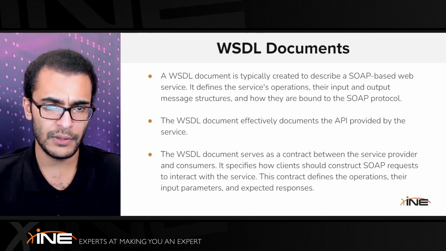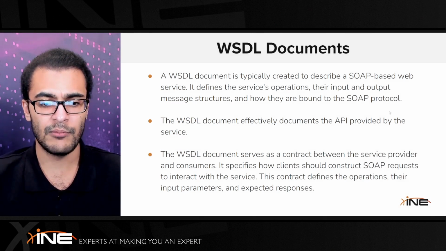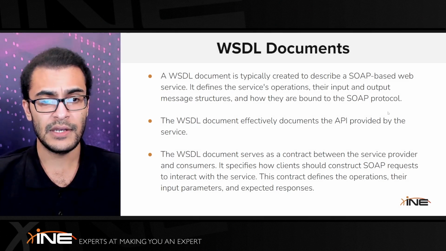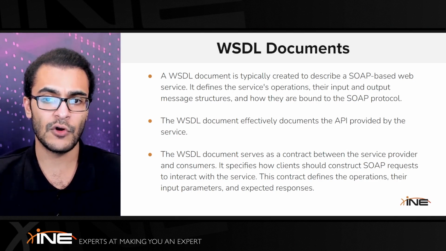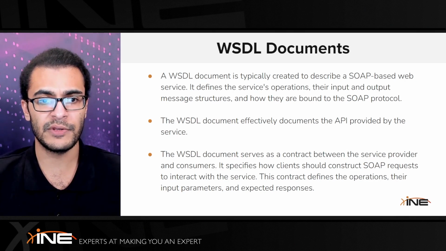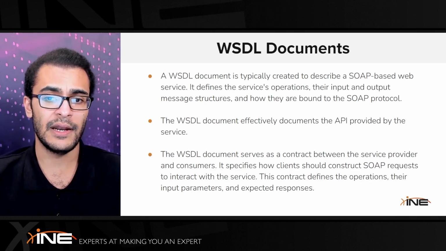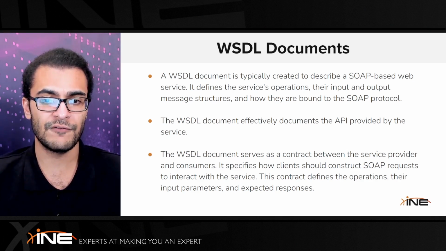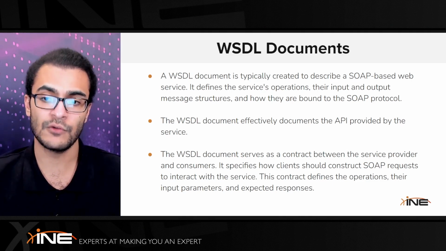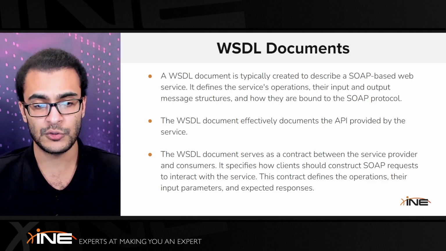So exploring a little bit more about WSDL documents, a WSDL document is typically created to describe a SOAP-based web service, and it defines the service's operations, their input and output message structures, and how they are bound to the SOAP protocol. The WSDL document effectively documents the web service or API provided by the actual service.